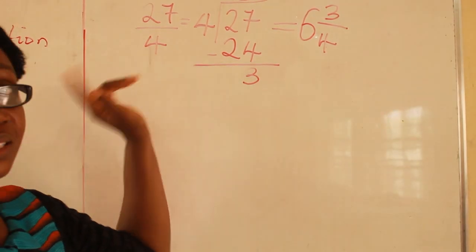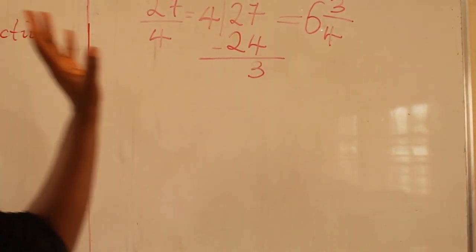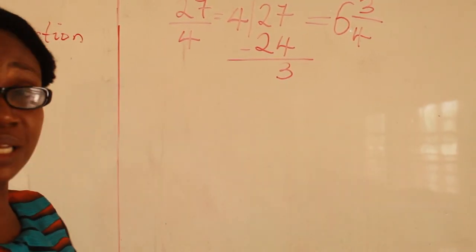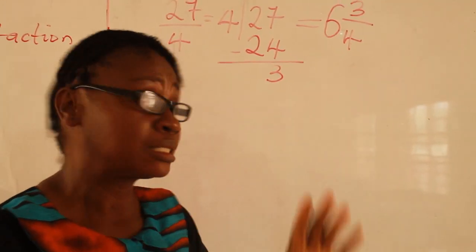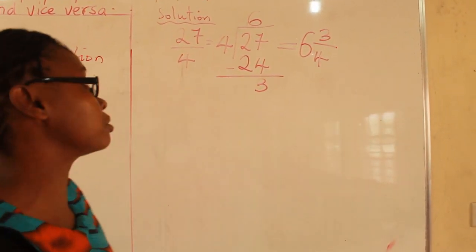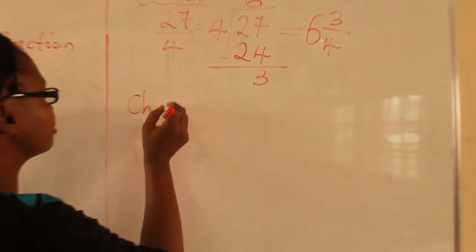This is the last example on changing improper fractions to mixed fractions. Now I want to give us examples on changing mixed fractions to improper fractions. So I write this.